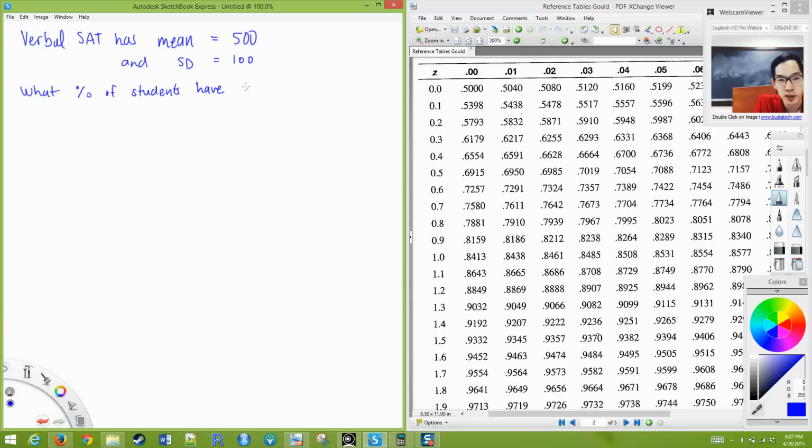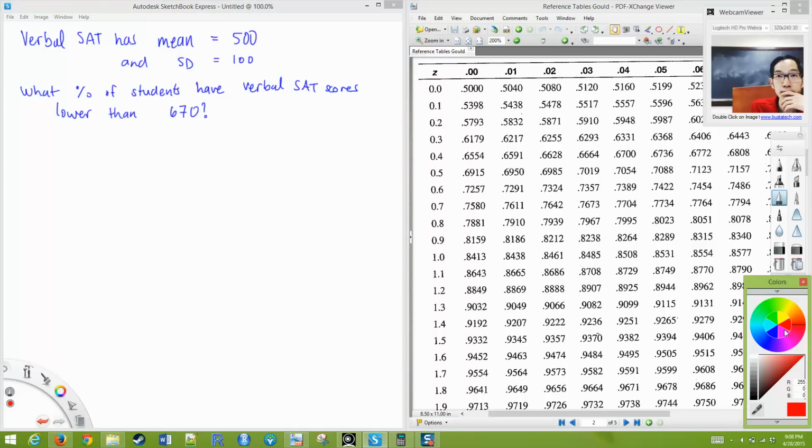All right, so what do we have? We have x is equal to a score of 670. The mean is 500 and the standard deviation is 100.